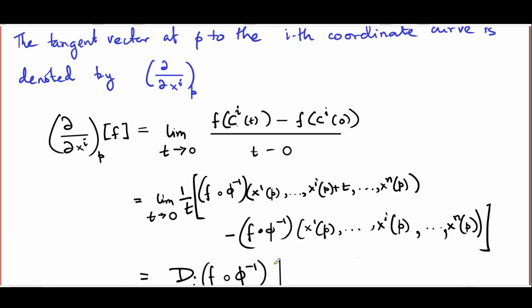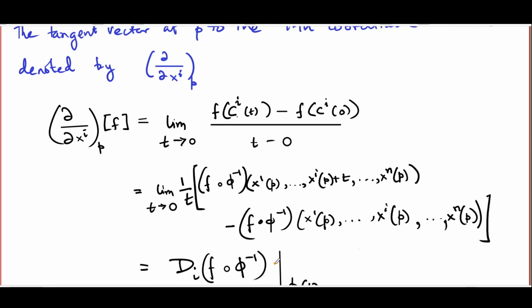The first property that we are going to take a look at is exactly what does del del x^i at the point P do to a function f. For this, all we have to do is remember that del del x^i at the point P is simply notation for the tangent vector to the ith coordinate curve c_i at the point P, and the way in which you figure out what del del x^i at P does on f is the way in which any tangent vector to a curve acts on a function, which is to figure out how fast the function changes as you move away from that particular point.